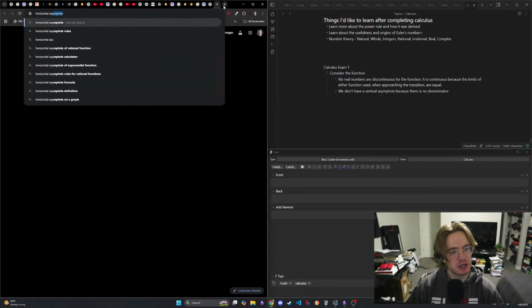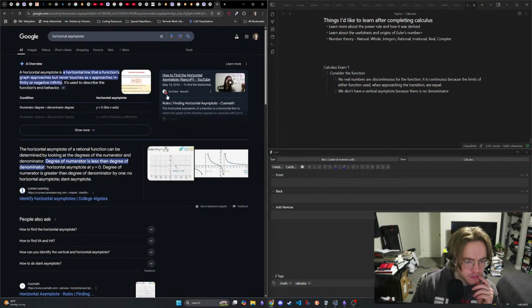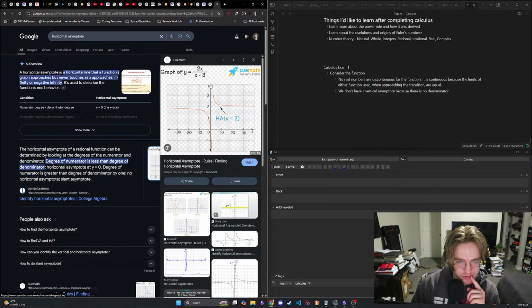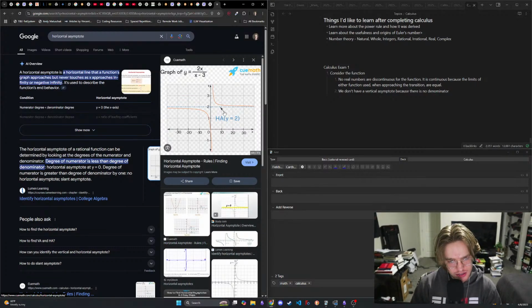Horizontal asymptote. Okay. So I guess we have vertical and horizontal asymptotes here. And so what allows me to say this is a horizontal asymptote? So as x approaches infinity, y will approach a given number.